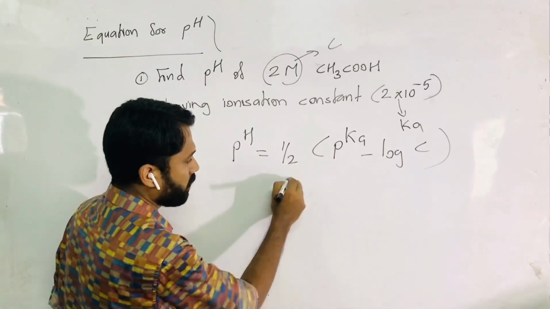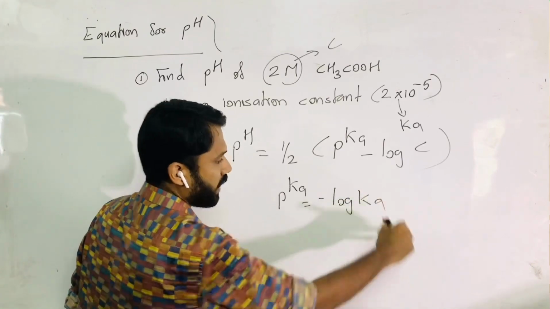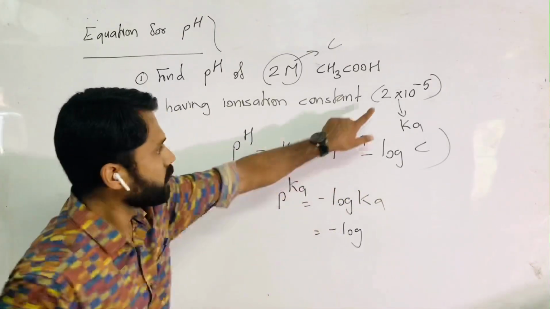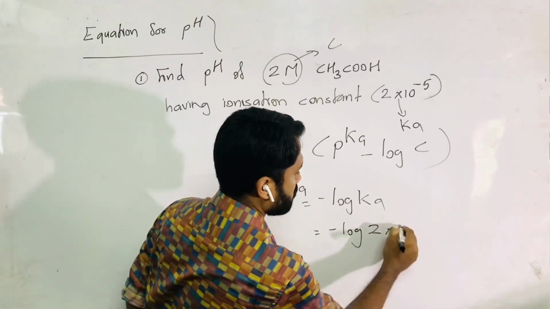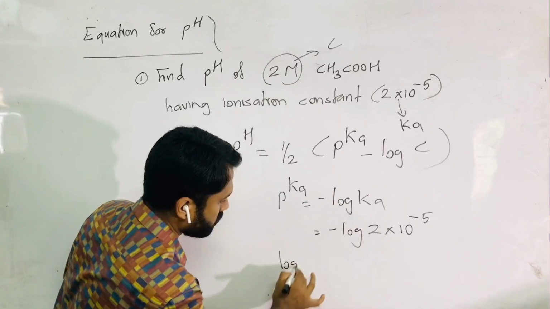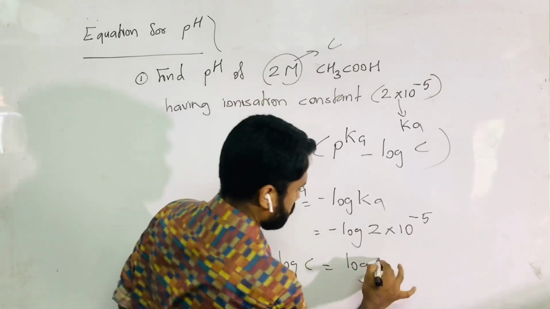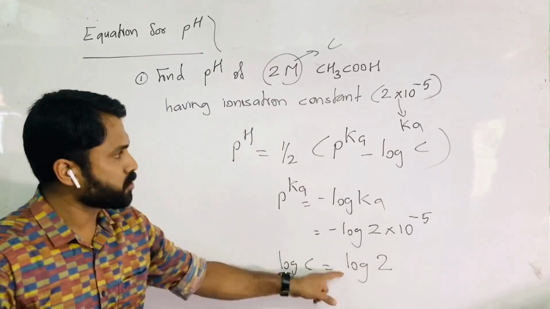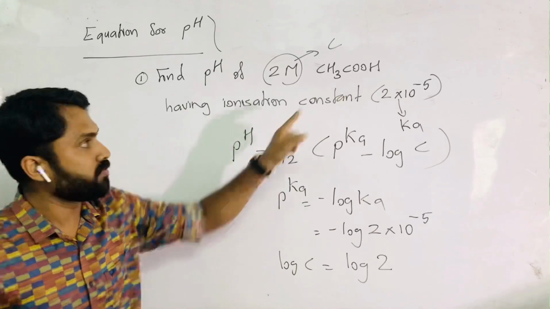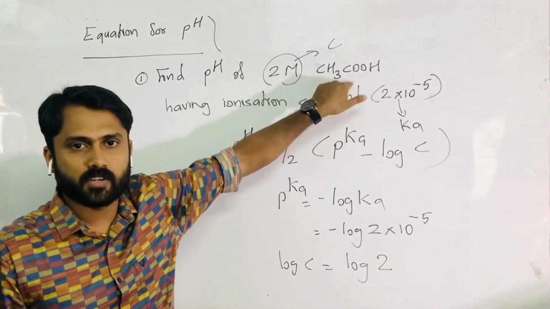How will pKa be calculated? That is minus log Ka, that is minus log of 2 into 10 raised to minus 5. Then calculate log C, that is log of 2. By substituting these values in this equation, we can calculate the pH of a weak acid like CH3COOH.